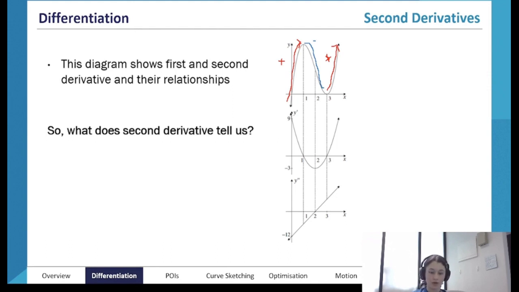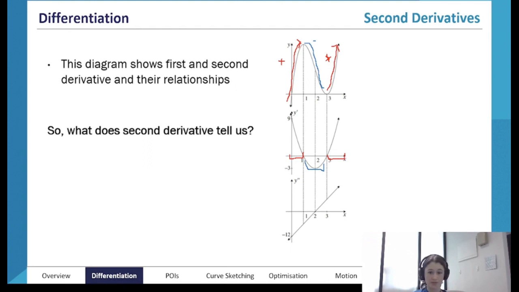So, when we look at our derivative curve, the value of the derivative is actually positive in the two sections corresponding to the positive derivative. So in this section here, our derivative is positive, and then this section here, our derivative is positive. And then in the middle section in here, our derivative is negative because it's below the x-axis.